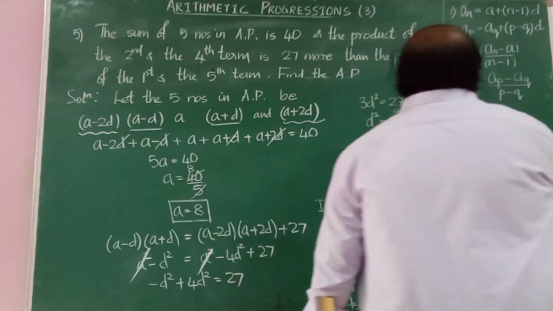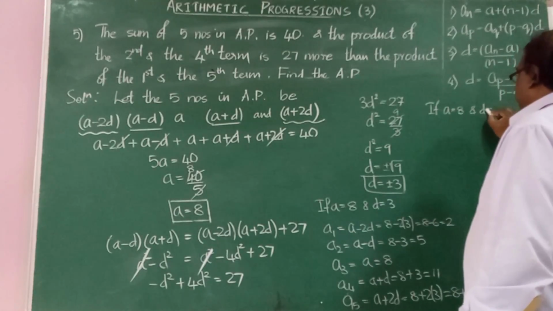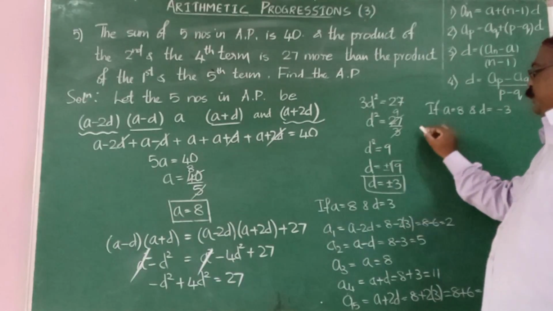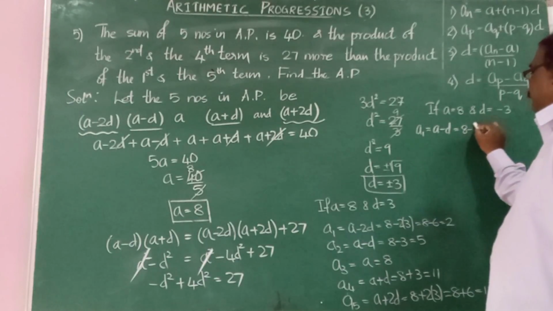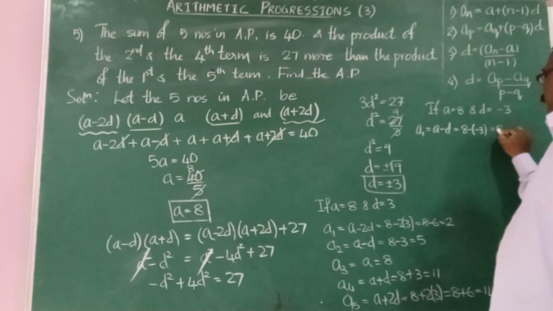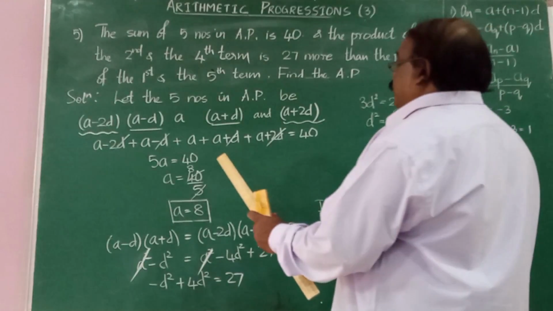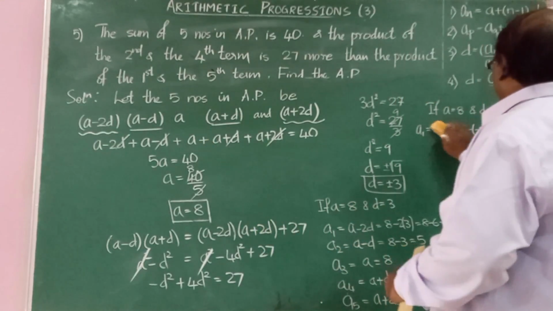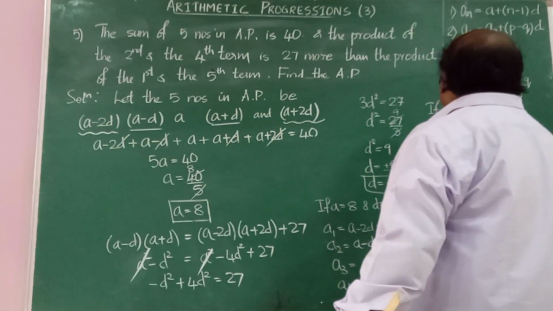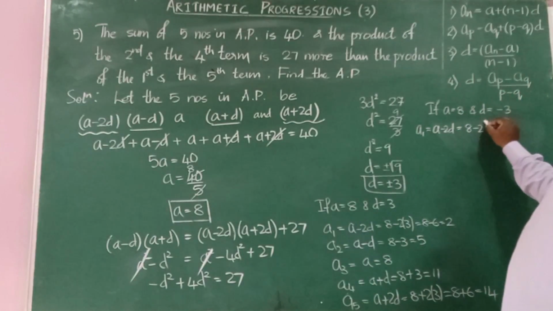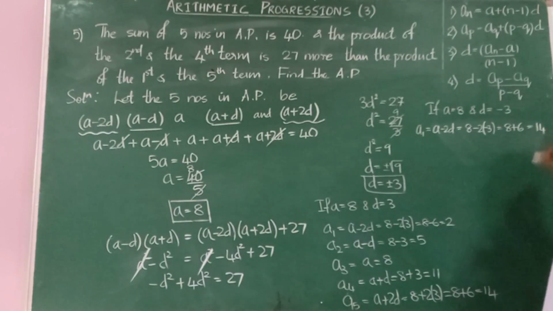Second condition, if A is 8 and D is minus 3, then your first number would have been A minus 2D, that is 8 minus of 2 into minus 3, that is 8 plus 6, 14.